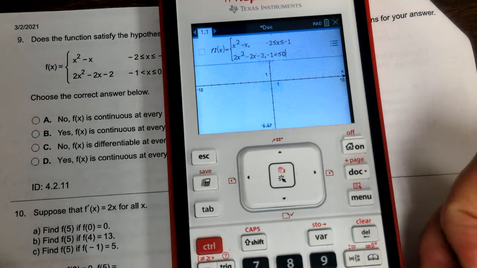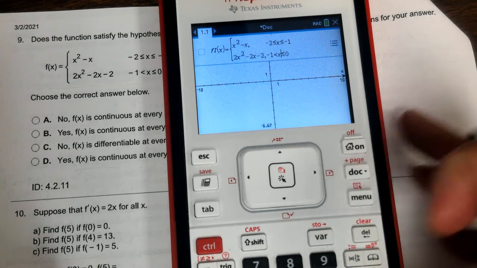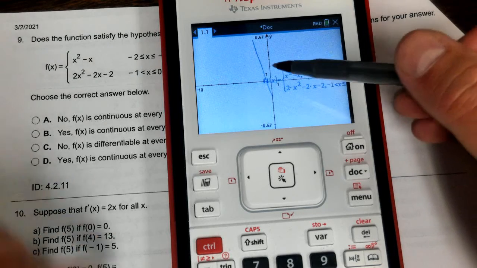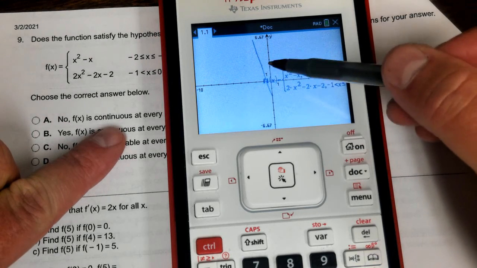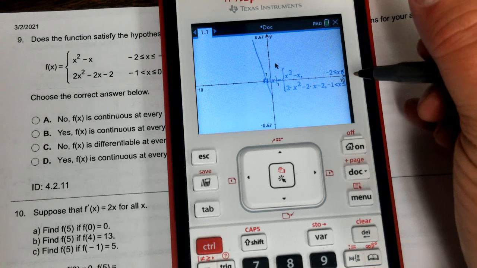Oh, I made a syntax error. I forgot my x. There we go. Okay, so it is a little crooked, but it's continuous. So that's to be expected on this particular one.